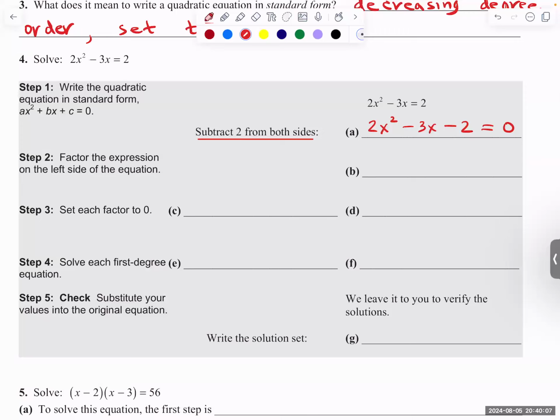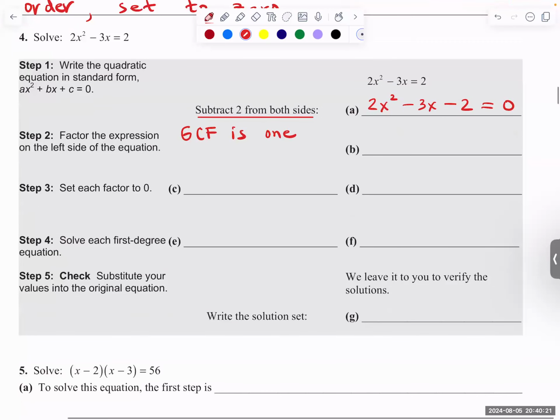Step 2, if we're going to use factoring, we look for the greatest common factor of the 3 terms on the left side, and the only common factor is 1. So let's see. If we use the trial and error method, which is reasonable because these are small numbers, the leading term, 2x squared, is the product of 2x times 1x.